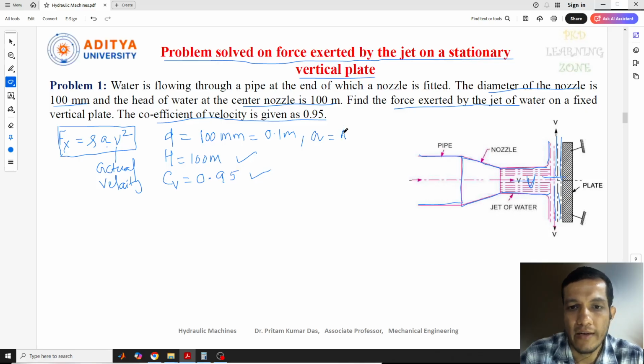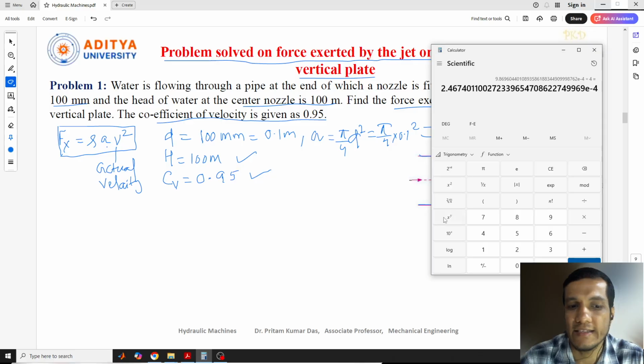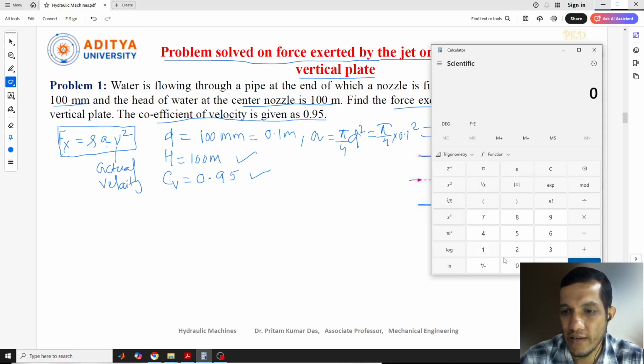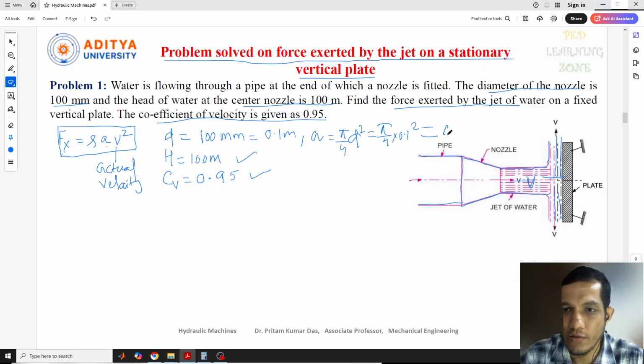A equals pi by 4 d square, that is pi by 4 into 0.1 square, and we can calculate this as 0.1 square into pi divided by 4, which is 0.0078 meter square area.